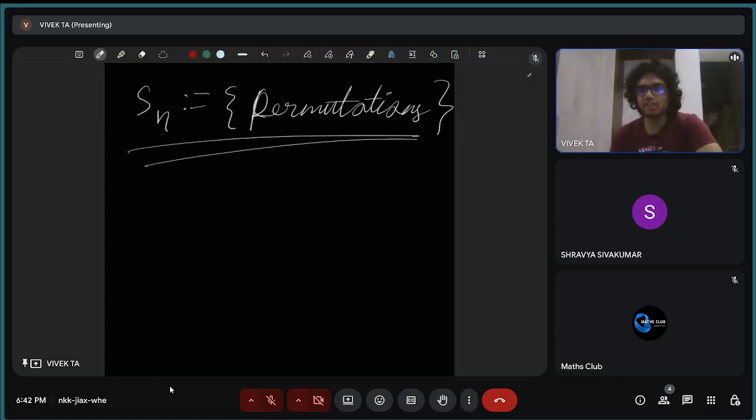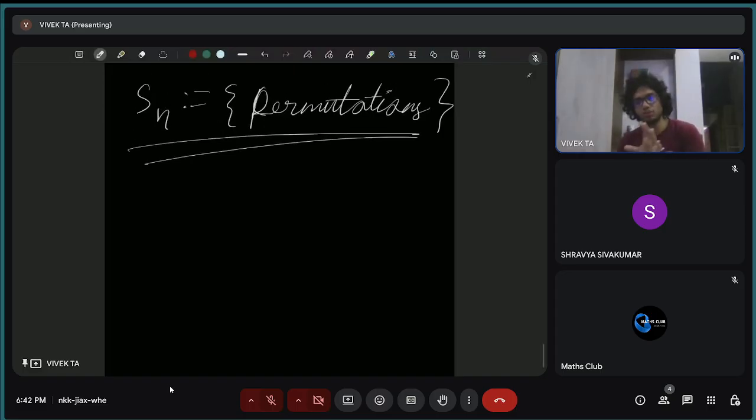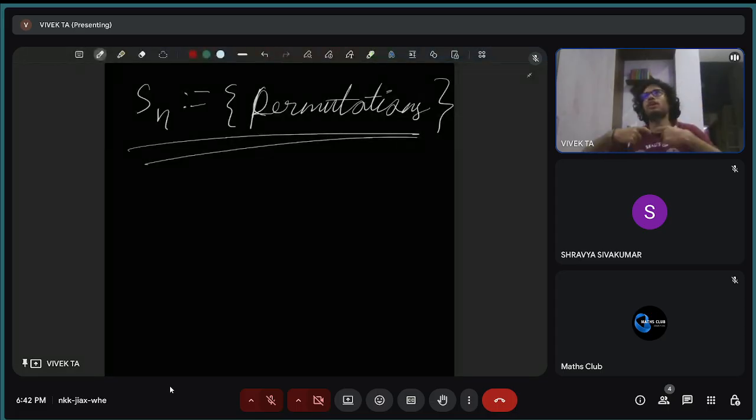It is as simple as: take an n-gon and then permute its vertices. An action on the n-gon is said to be a permutation of the vertices. That's it. If you have two actions and you put them right after each other, it is also going to give you a permutation of vertices. So these actions form a group, and that is what Sn is defined as.